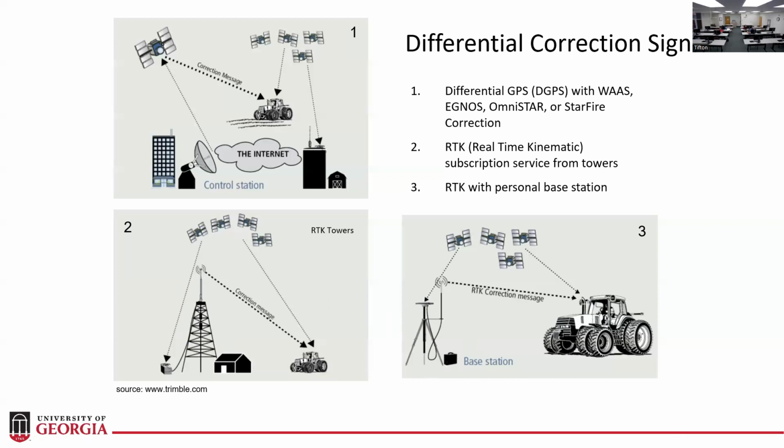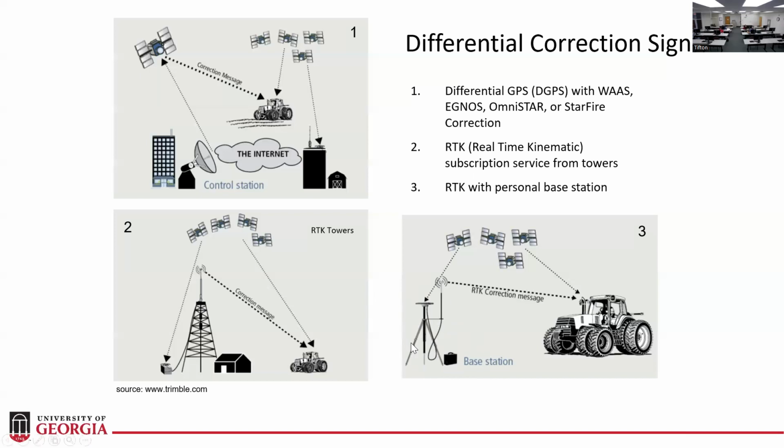But because these base stations are already set up around the country, we already know their location, right? If we buy our own personal base station and we move it around, how do you know the actual location of that base station to calculate the error?